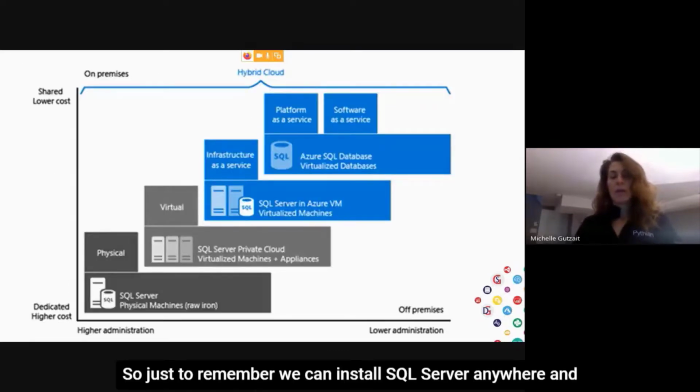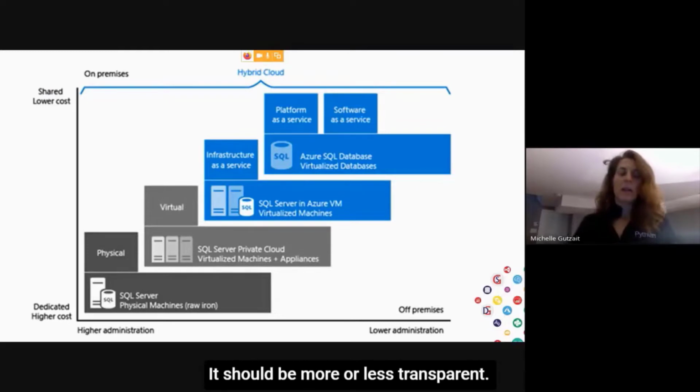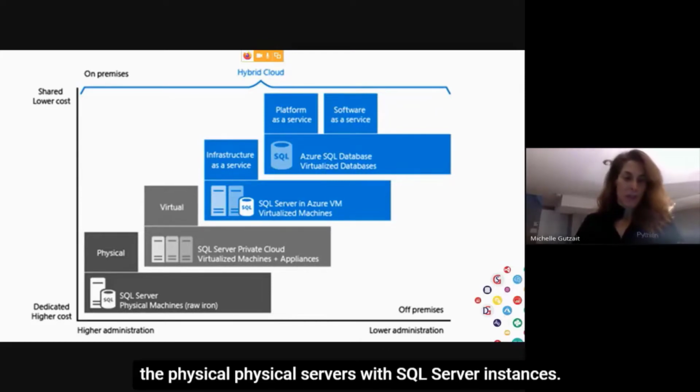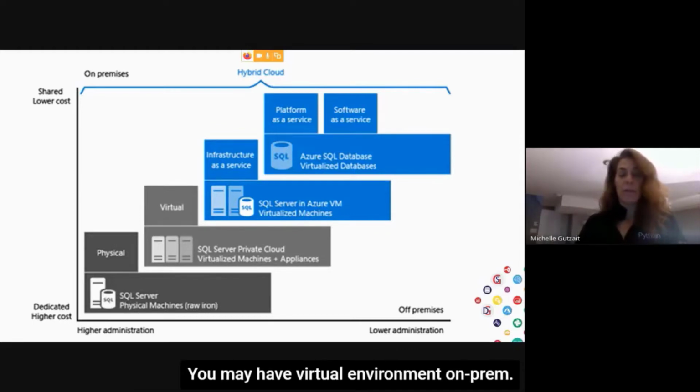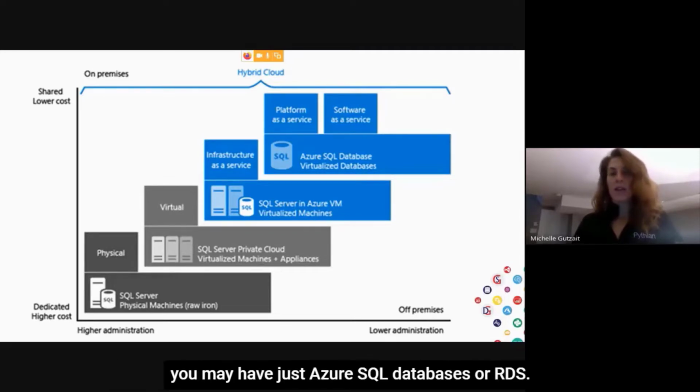Just to remember, we can install SQL Server anywhere, and from the application perspective, it should be more or less transparent. So you may even have a hybrid environment where you have physical servers with SQL Server instances, a virtual environment on-prem with SQL Server, virtual machines on the cloud, and just Azure SQL databases or RDS.